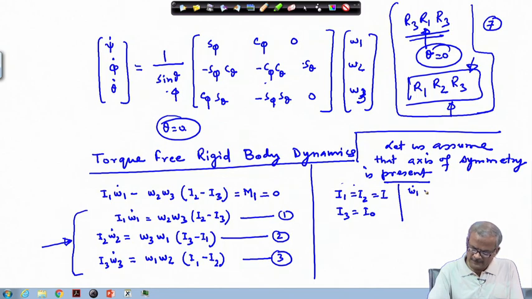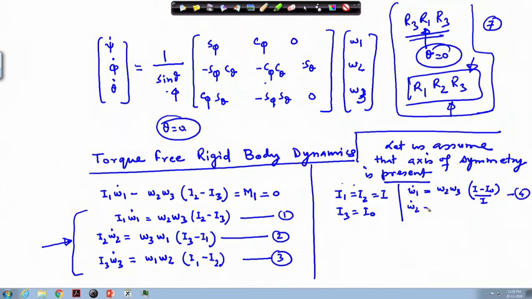to omega 1 dot equal to omega 2 omega 3 times (I2 minus I3), so (I minus I0) divided by I. This is equation number 4. Omega 2 dot, from this equation, will be omega 3 times omega 1 times (I0 minus I) divided by I. This is equation number 5.